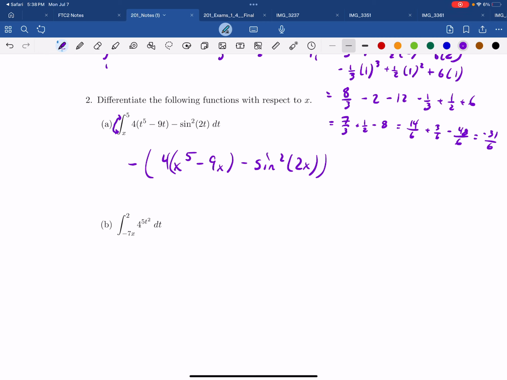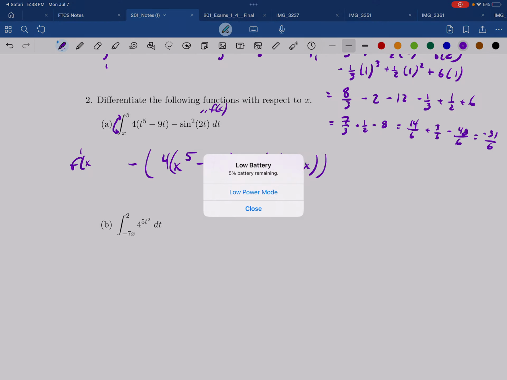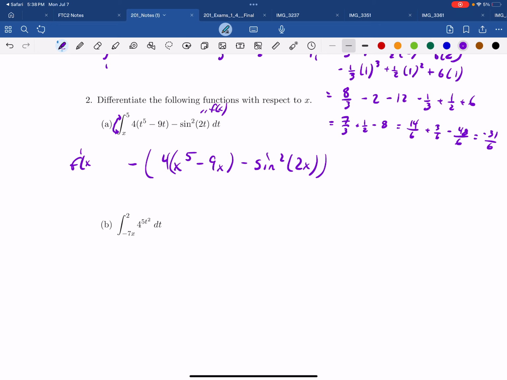All right. Actually, I should call this guy f of x. So it should really say f prime of x. F prime of x equals. Okay. Try to write that a little neater.